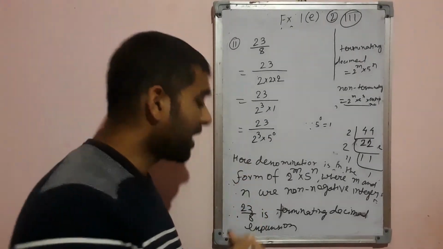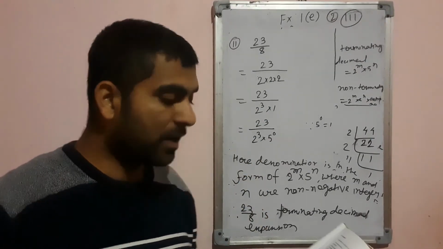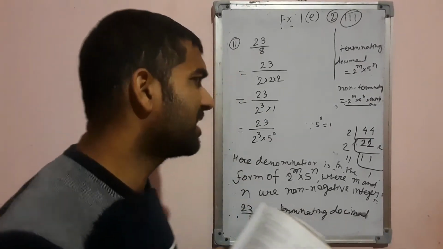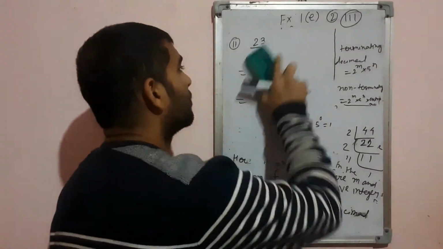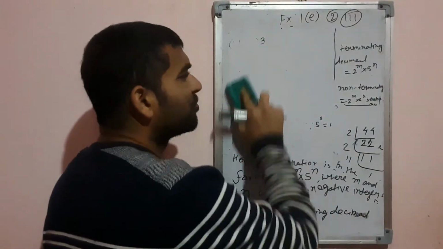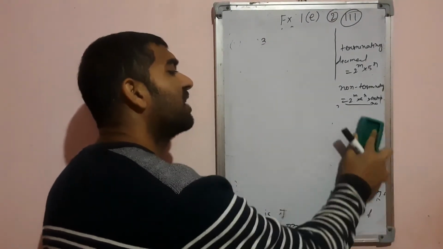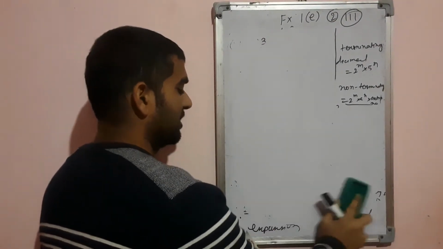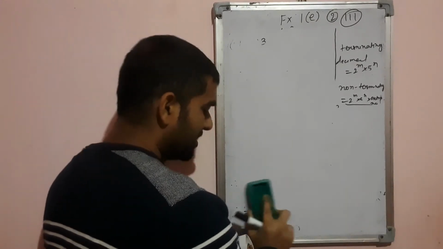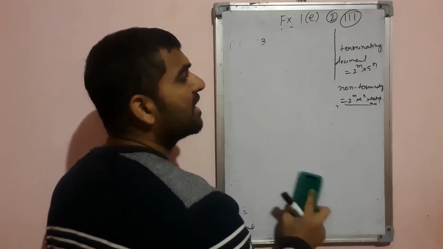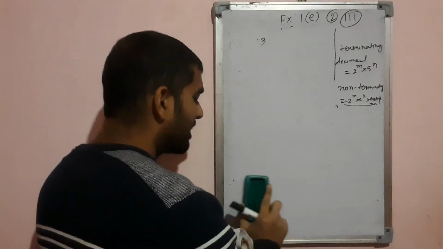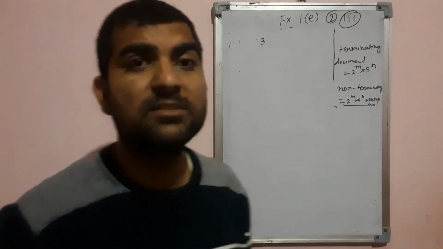Now we will try question number 4 (i). This question is also exactly the same, so try to know the same concept. If it is 2 power m into 5 power n, you will write terminating decimal expansion. But if we have an extra number other than 2 and 5, you will write non-terminating decimal.